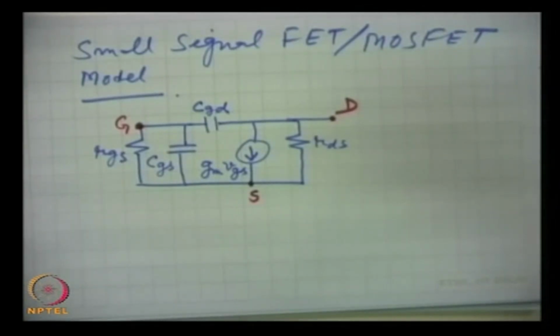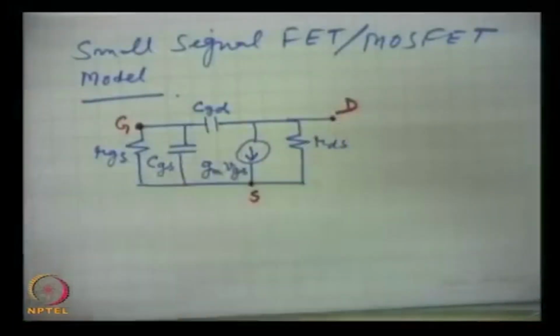For example, we are talking of moderate frequencies, normally up to a few tens of kilohertz. There, the impedances offered by these two capacitances are very high, and very high impedances can almost be taken out of the circuit.